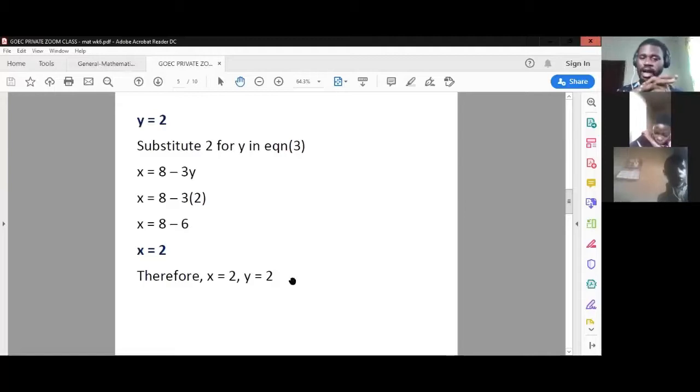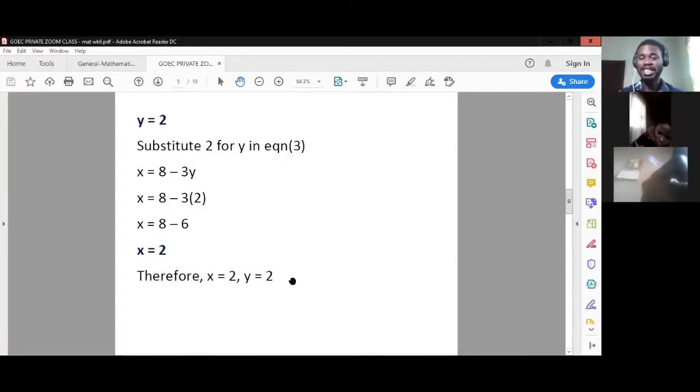Step 1: identify the unknown with a coefficient of 1. The one that is standing alone has a coefficient of 1. Let us use mathematical terminologies now, not layman language.